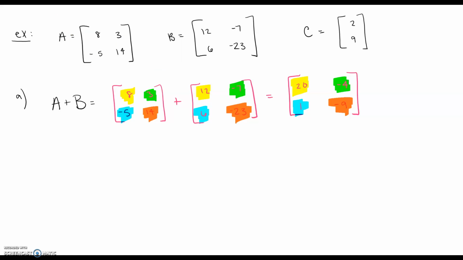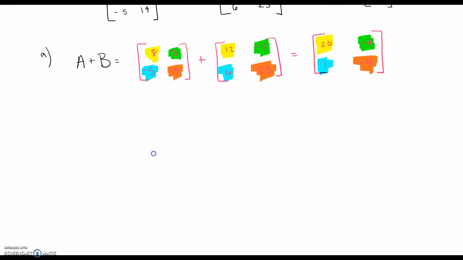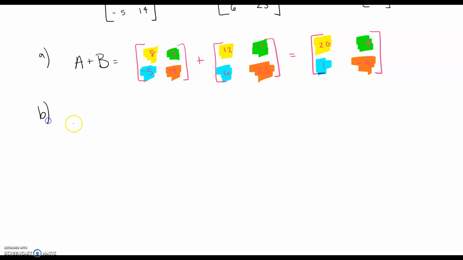For our next problem, why don't you try to pause the video and do A minus B. We're going to set it up the same way, and the order does matter. So we're going to have A, which is 8, 3, negative 5, 14, minus 12, negative 7, 6, negative 23.